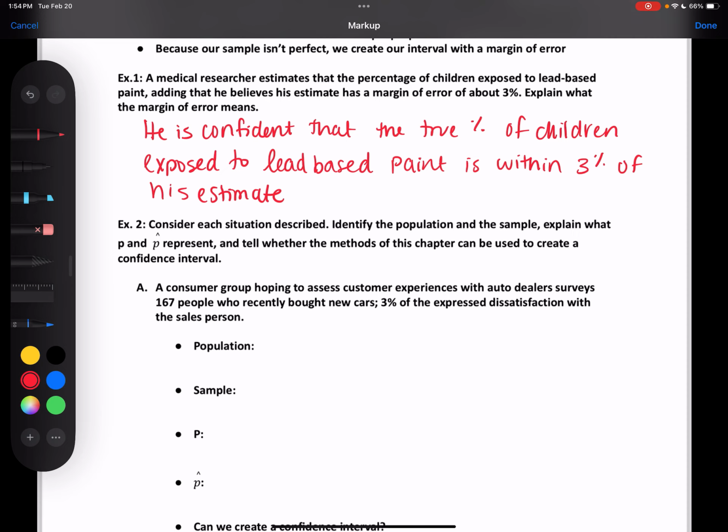So what is the population as a whole? No, 167 people, nope. What did you say, Peyton? People who bought new cars. Yes, all people who recently bought new cars.